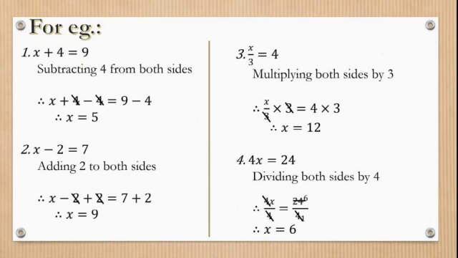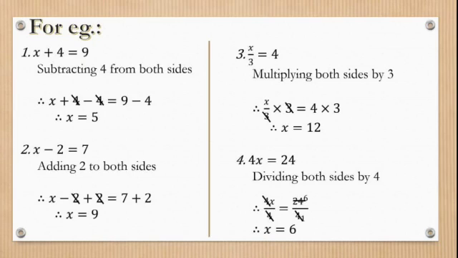Okay. Now the second example, x minus 2 is equal to 7. Now you are going to remove minus 2. To remove minus 2, you are going to add 2 to both sides. So adding 2 to both sides, x minus 2 plus 2 is equal to 7 plus 2.